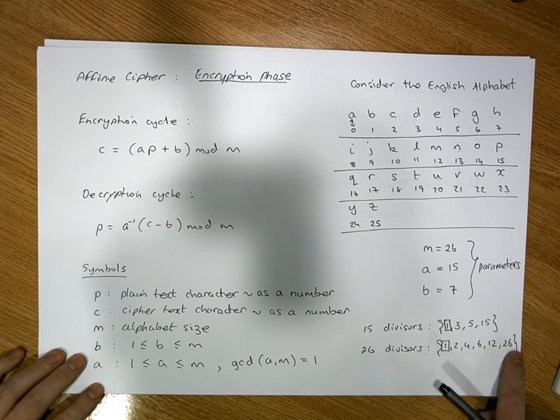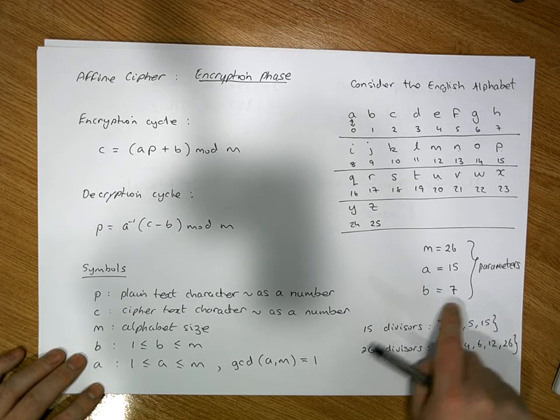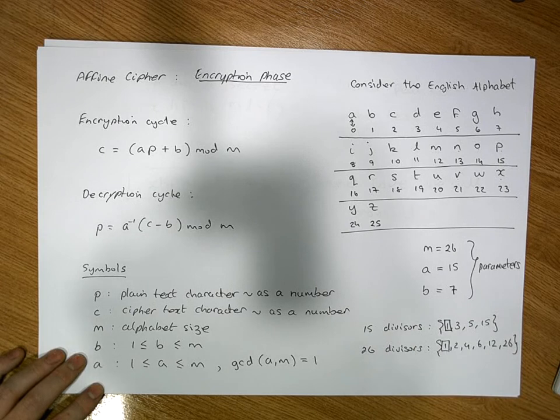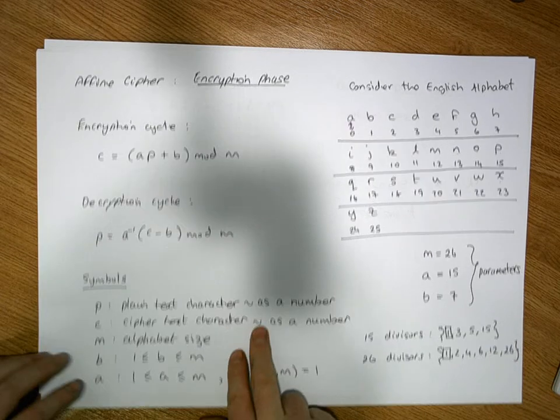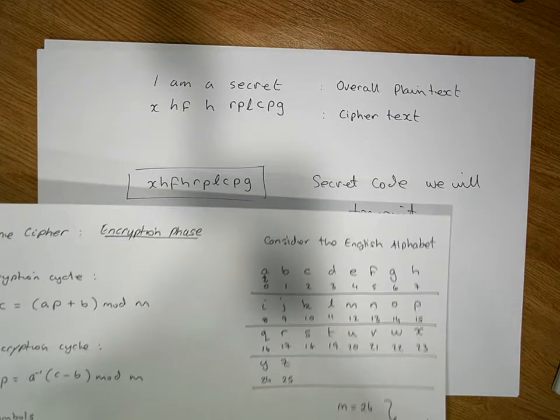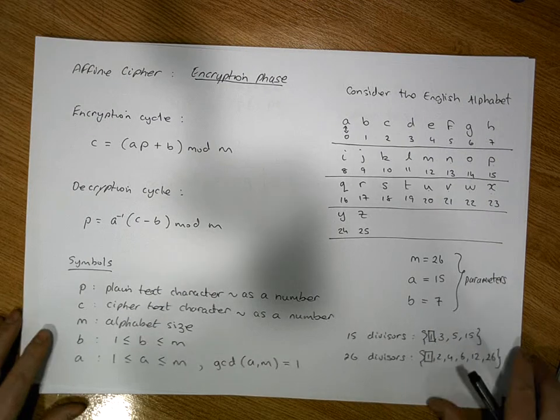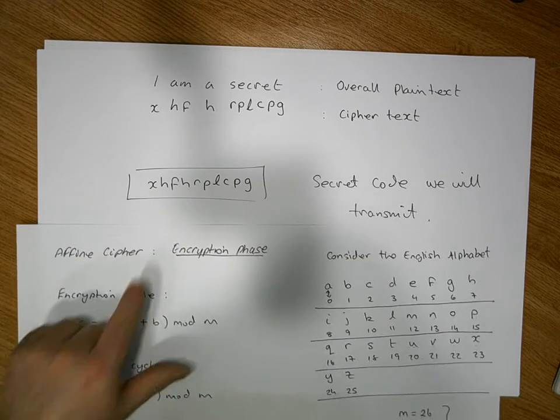The only common divisor is 1, that's good. And B could be anything at all, so B was equal to 7. Then we just substitute these in, along with our plain text representations, to give us our ciphertext.